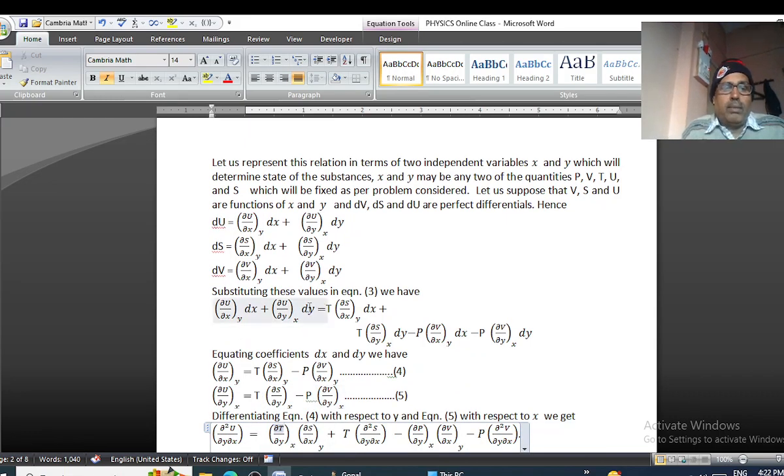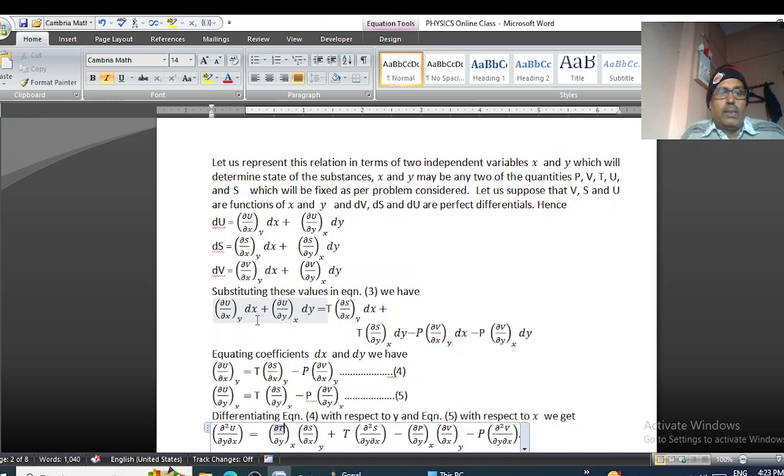With the help of this equation we can see which terms are the coefficients of dx and which are the coefficients of dy. On the right hand side, the first two terms are coefficients of dx, and the last ones are coefficients of dy. So we equate the coefficients of dx and dy separately.